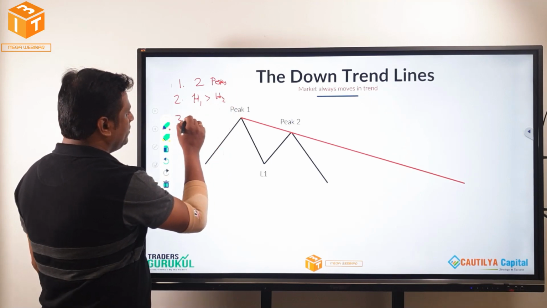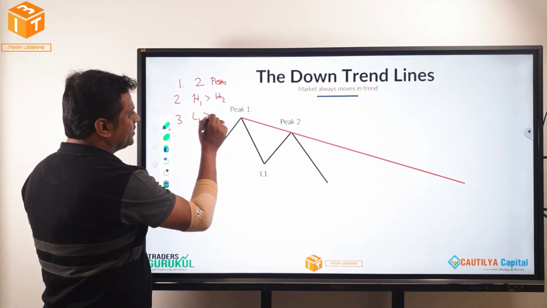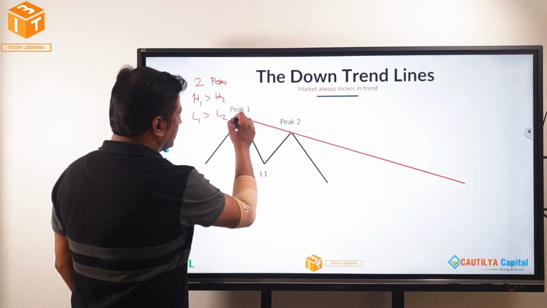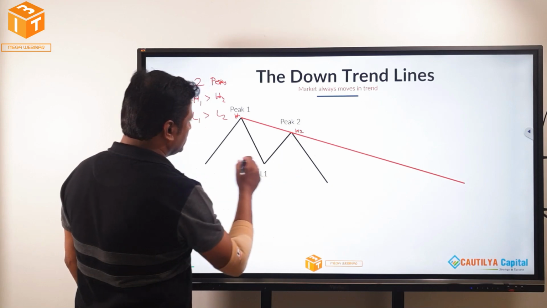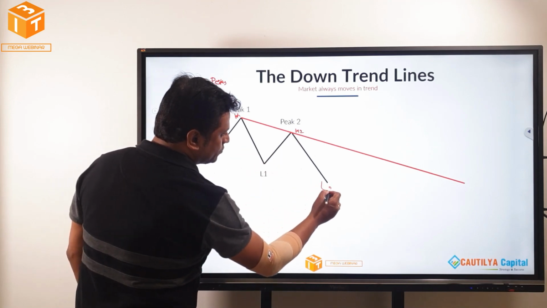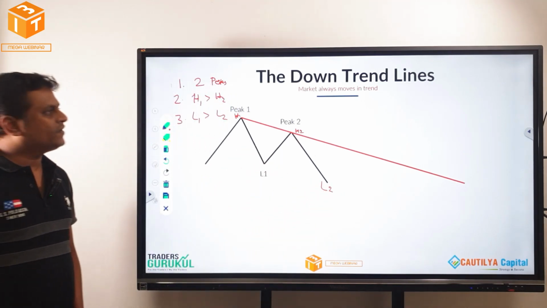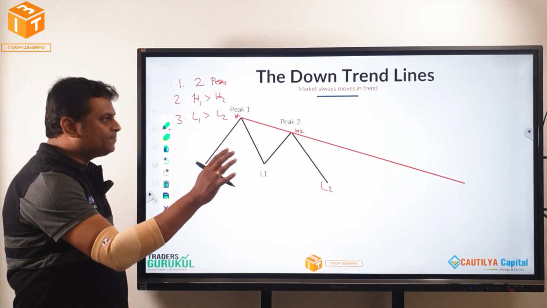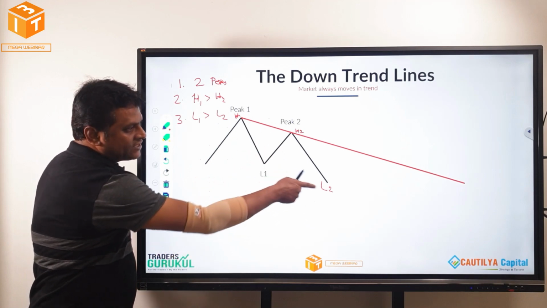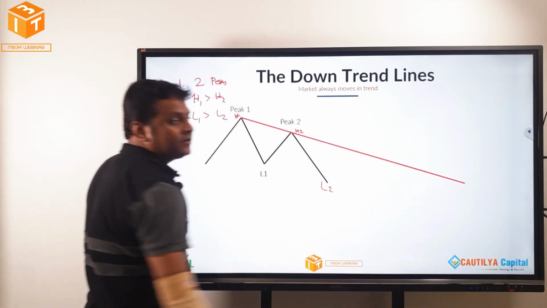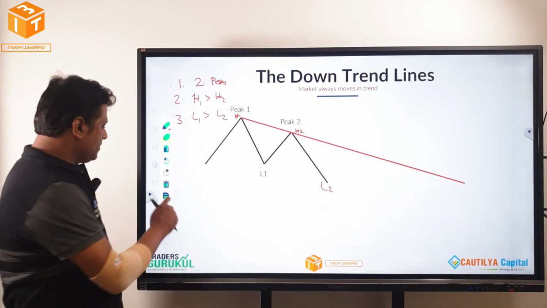Rule number 3, your L1 should be greater than L2. This is your H1, this is your H2, this is your L1, this is your L2. Can you verify the 3 rules? Very simple. 2 peaks, H1 is greater than H2, L1 is greater than L2. So you can draw this beautiful trend line. Clear? Let's go further.